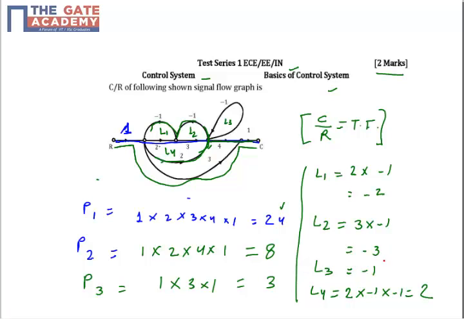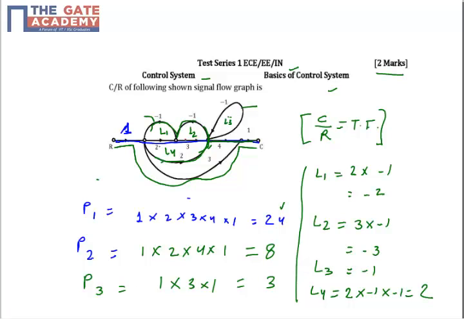And then there is the concept of non-touching loops. If I want to know how many loops are non-touching, which are not touching each other, you can clearly see that you can only find one non-touching pair, that is L1 and L3. L1 and L3 are totally non-touching, totally distinct from each other. All other loops are touching each other.